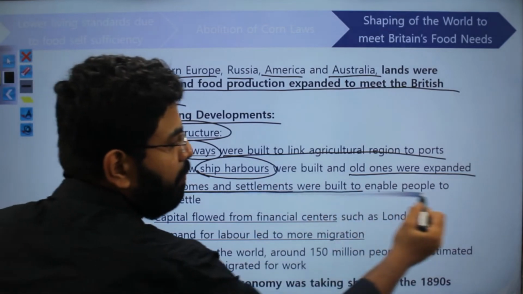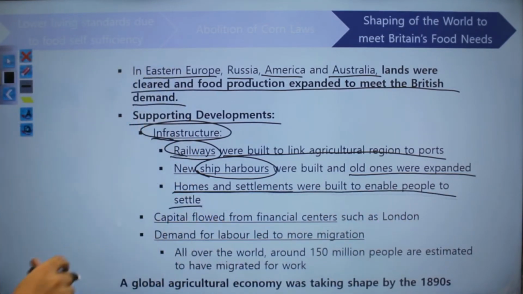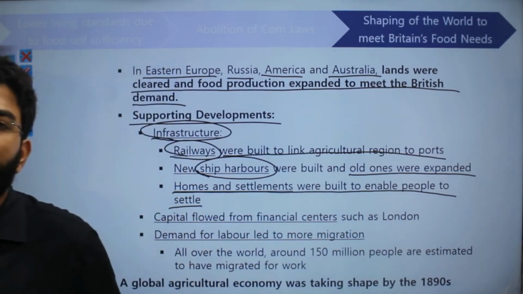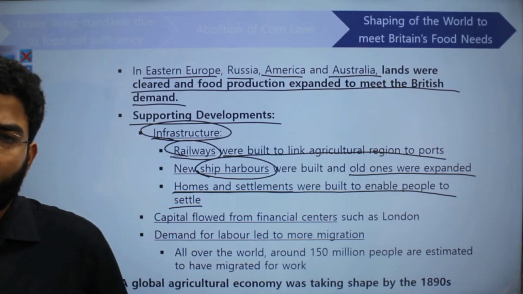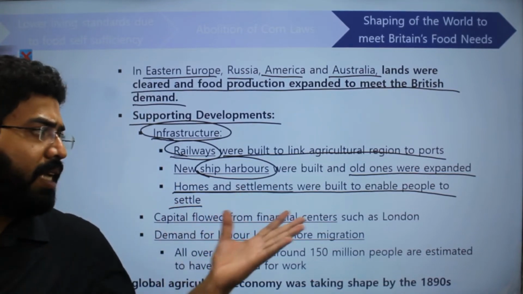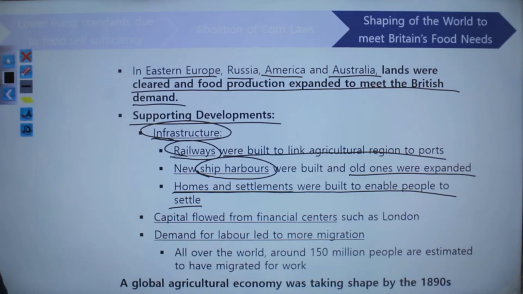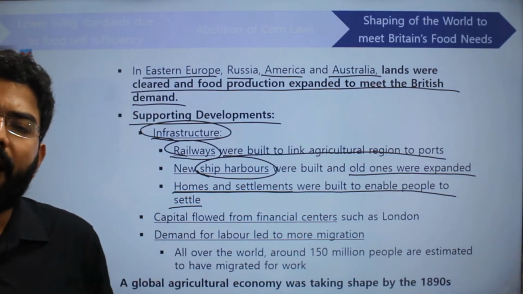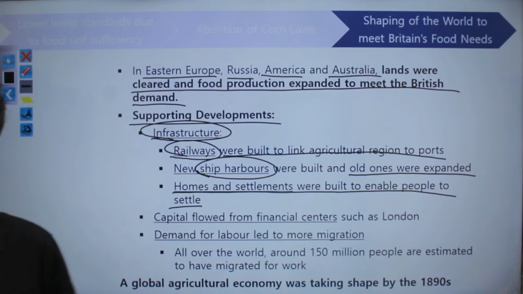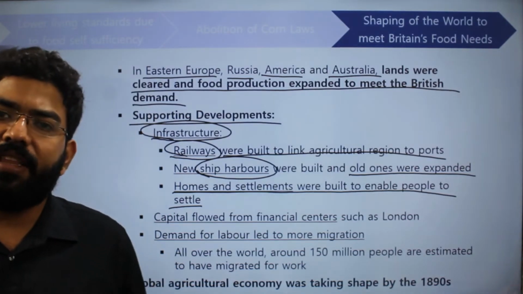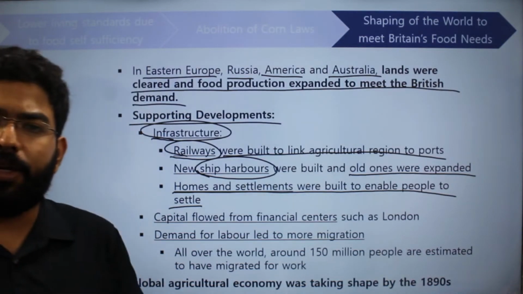Homes and settlements were built to enable people to settle. When the vast lands of America and Australia were there, homes and other settlements were built so that people could come and make that a habitat, and then cultivate the food crops so that they could be exported to Britain.